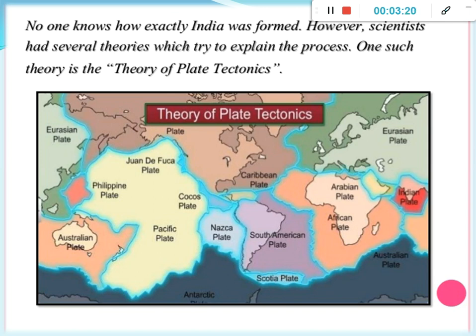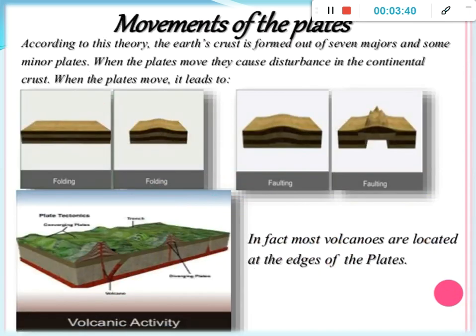Under the inner forces from Earth, these plates separated from each other and divided into smaller plates. This theory is known as the theory of plate tectonics.